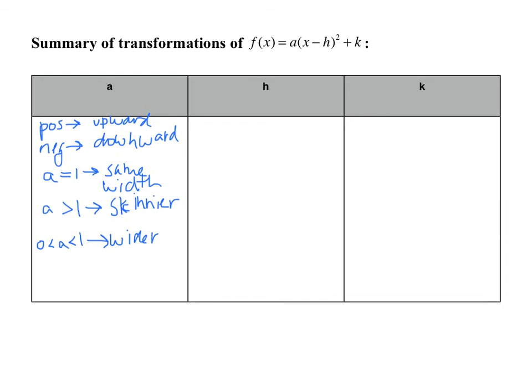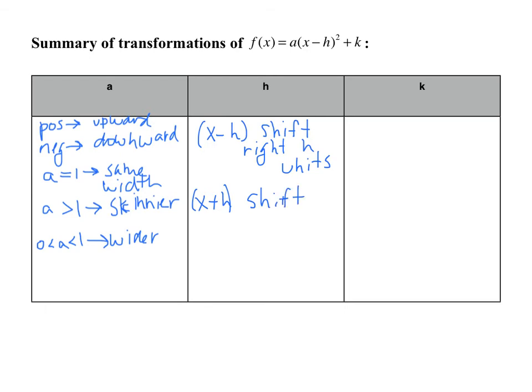Then we have the H value. So just to be clear here, if you have x minus h, we know that's going to be a shift to the right, whatever h units. Okay, and you do want to use that kind of wording, shifting to the right, 5 units, etc. If you have x plus h, we know that the graph is going to shift to the left, whatever h units.